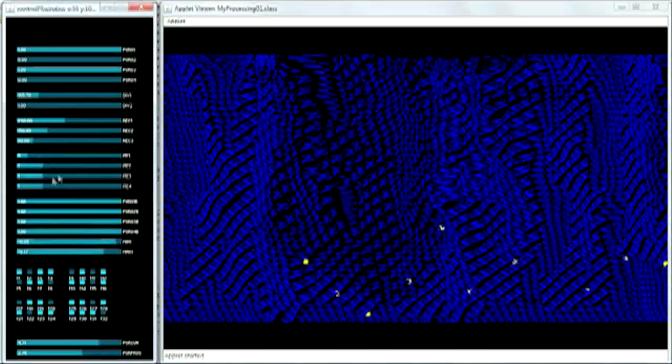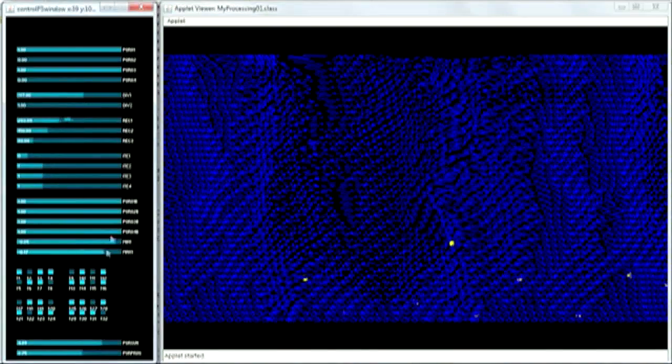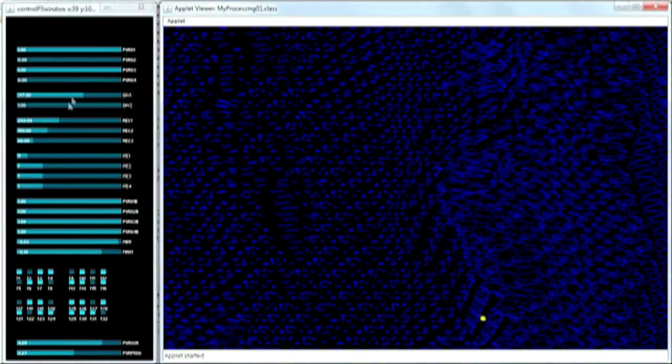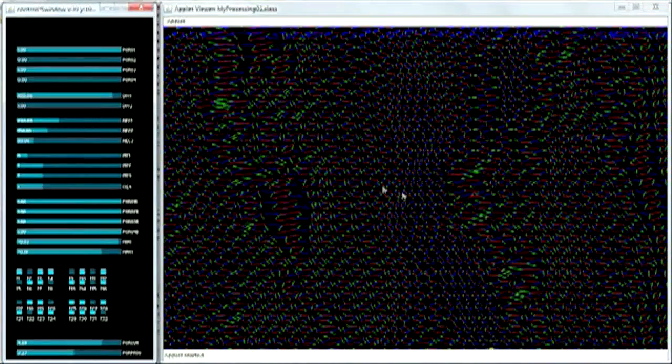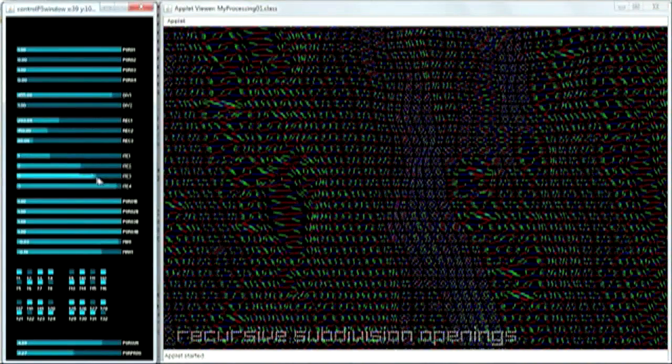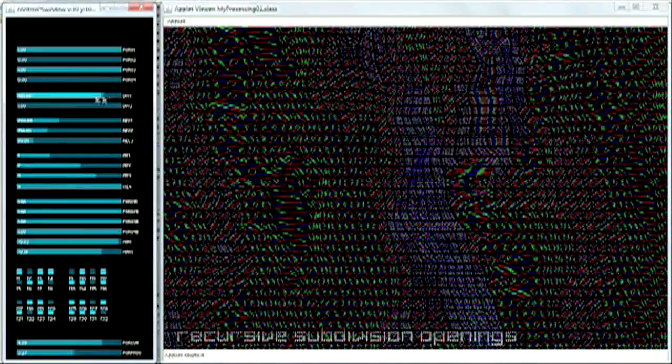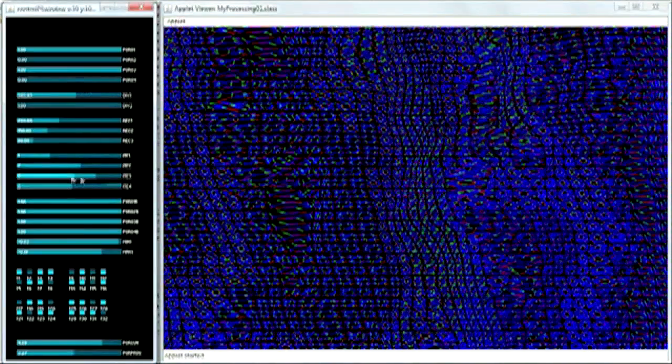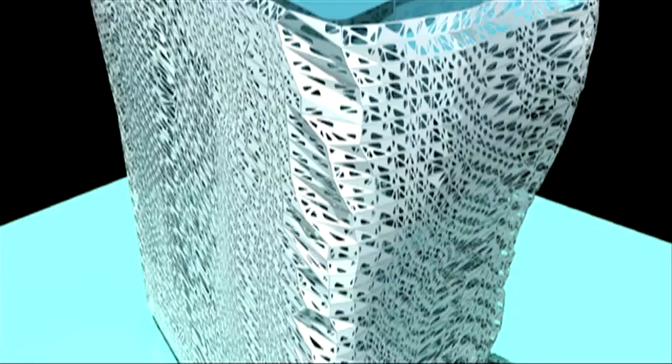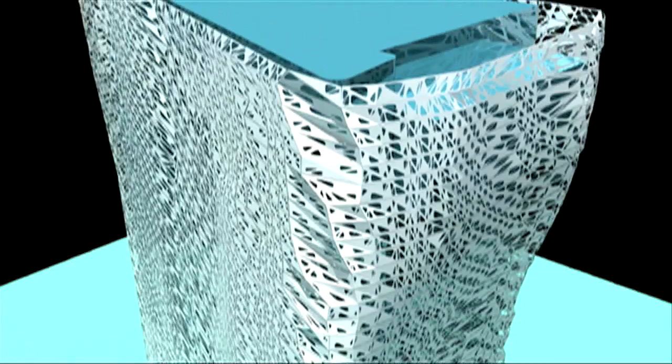The outcome is not necessarily that appealing, at least personally to me, but the attempt to use this to generate a facade is an interesting procedure, and definitely an exercise worthwhile.